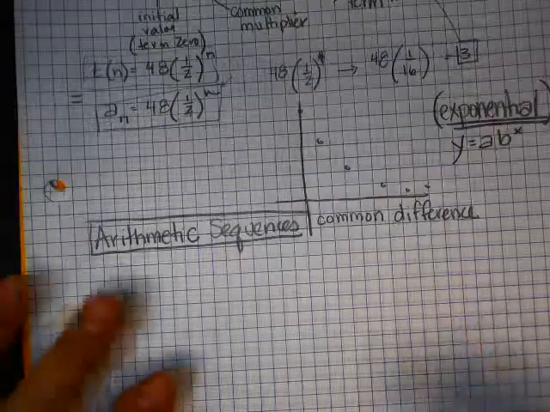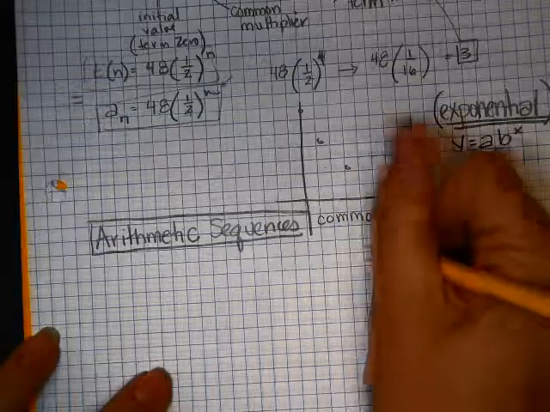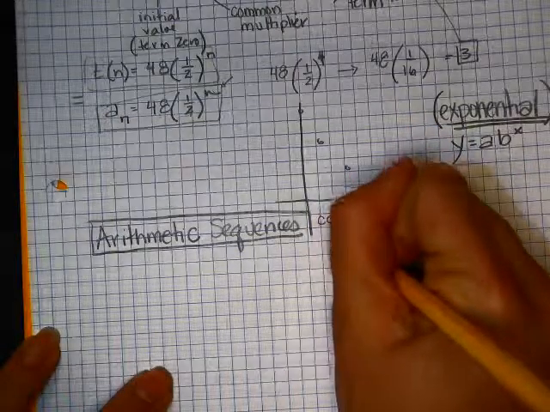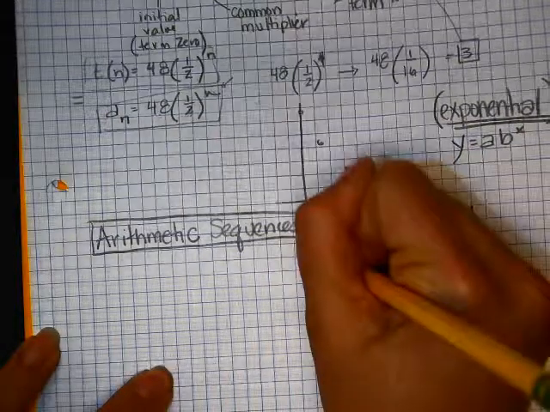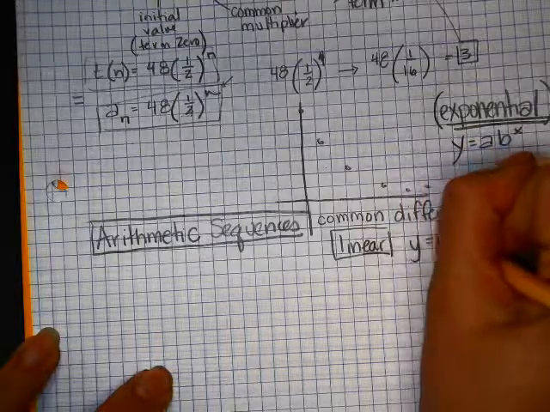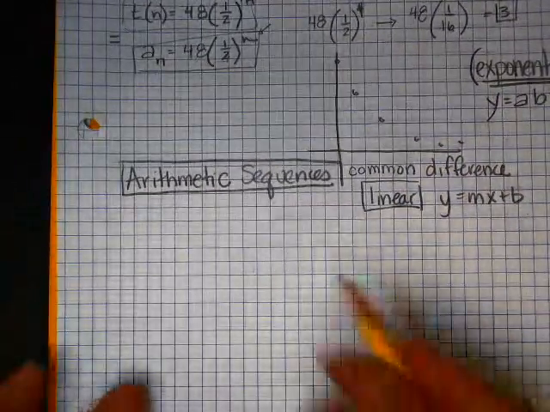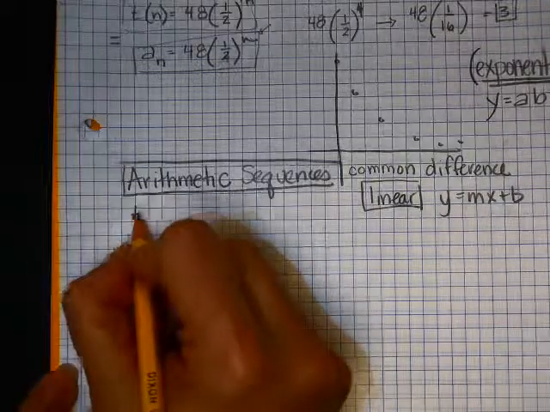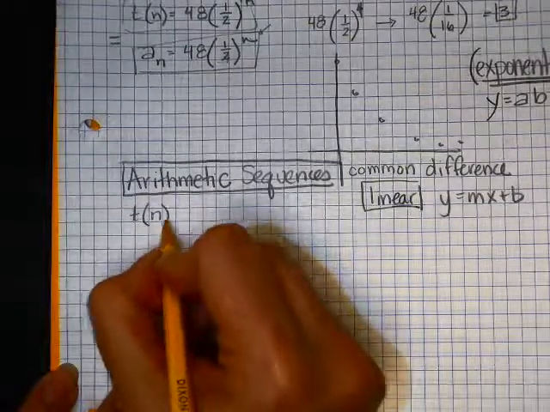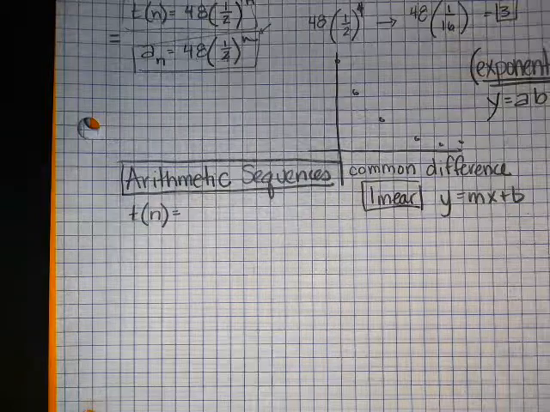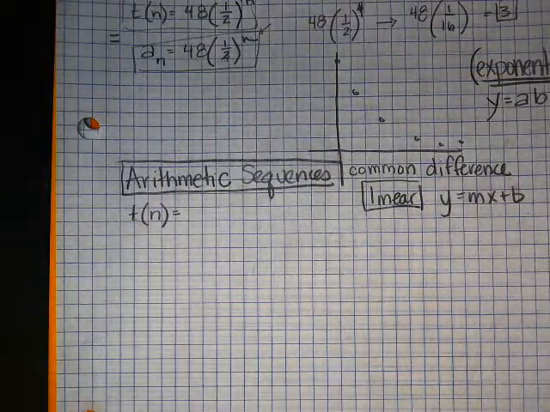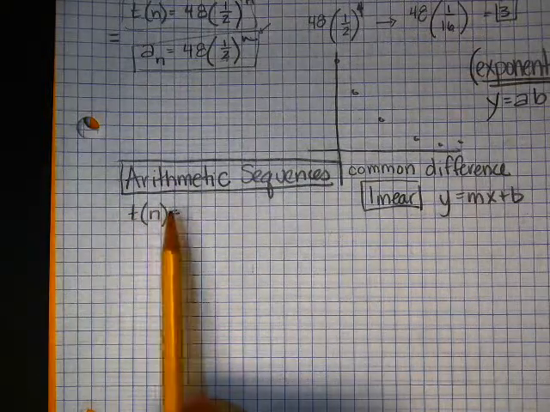Let's just remember this is linear, which is like y equals mx plus b. And so everything you know about that is also going to be true, but we're going to call them some different things here. We need to know this notation because we want to know things about the 4th term or the 5th term or things like that. So we need to have a way to call that out.